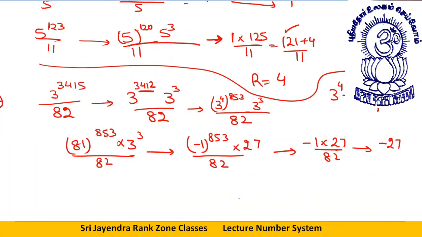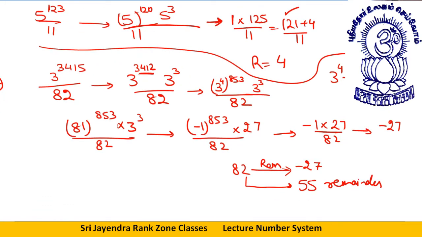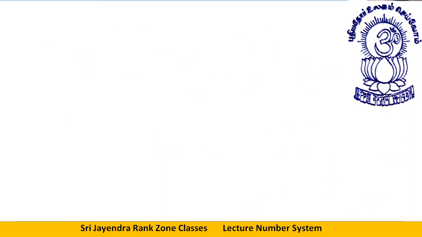For 82, a remainder of minus 27 can also be reckoned as 82 minus 27, that will be 55 remainder. I am sure so far things will be clear to each of you. Okay, let's look into another question.